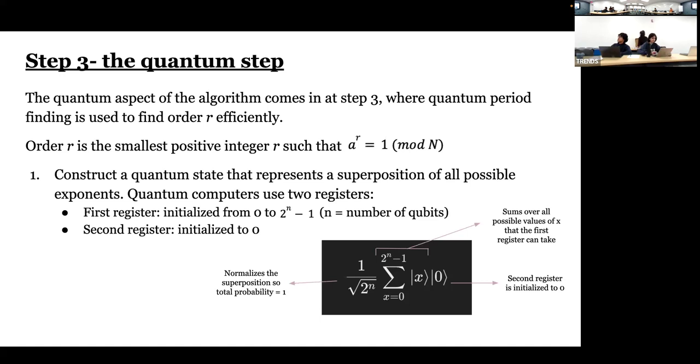The first register is initialized from 0 to 2 to the power of n minus 1, where n is the number of qubits, and the second register is initialized to 0. This is the mathematical representation of that. The term 1 over root of 2 to the power of n normalizes the superposition, so the total probability is equal to 1. The summation sums over all possible values of x that the first register can take, and the second register is initialized to 0.